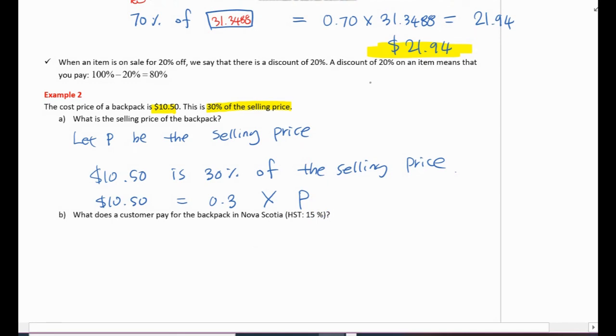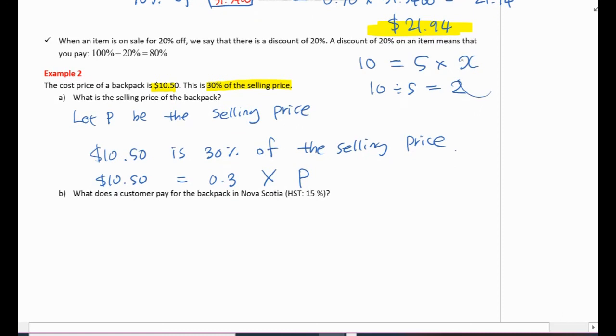A lot of students get confused with this. When you have 10 equals 5 times, let's say x, how do you find x? You divide 10 divided by 5. That is 2. So x is 2. Same thing here.